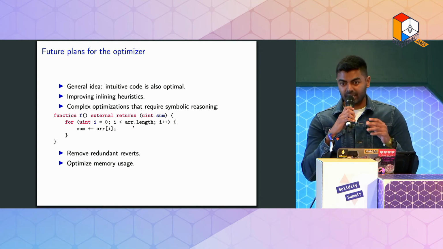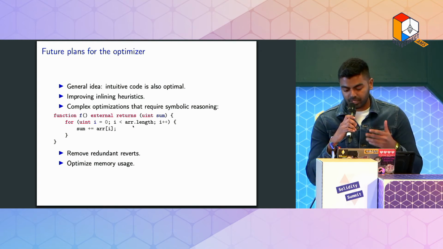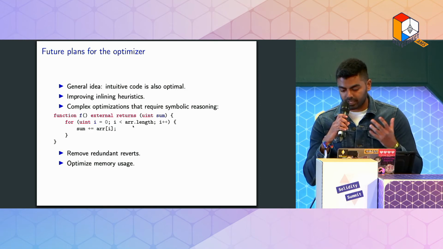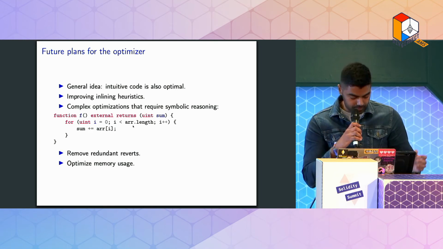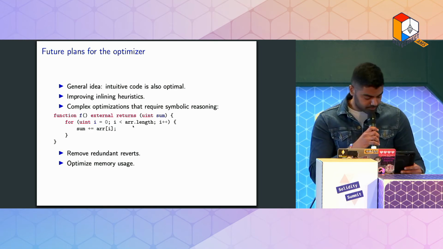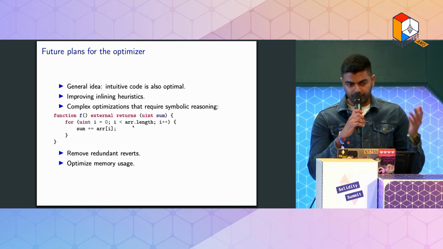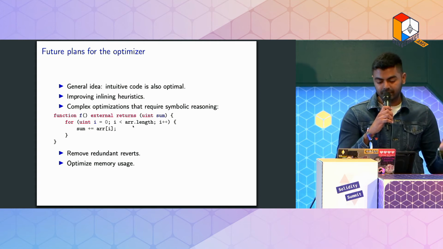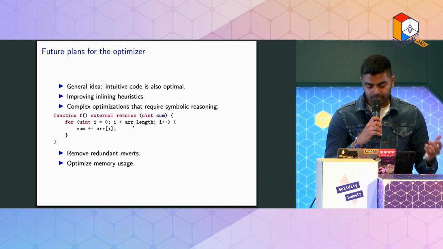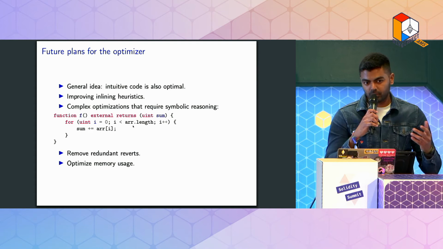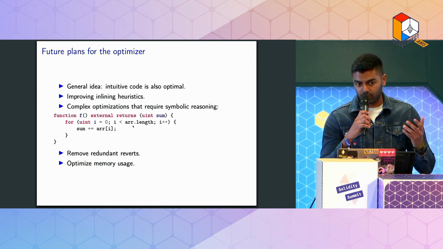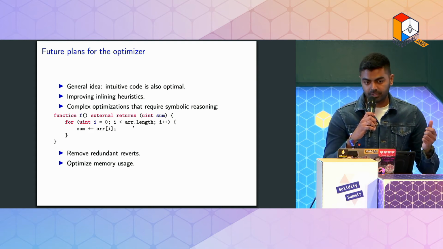So these checks can pretty much only be done if you have some sort of symbolic analysis in the EVM, sorry, in the compiler. Of course, you could always use an external tool like Z3, which is an SMT solver, but we don't really want to do that. We don't want to rely on an external tool to generate the code.